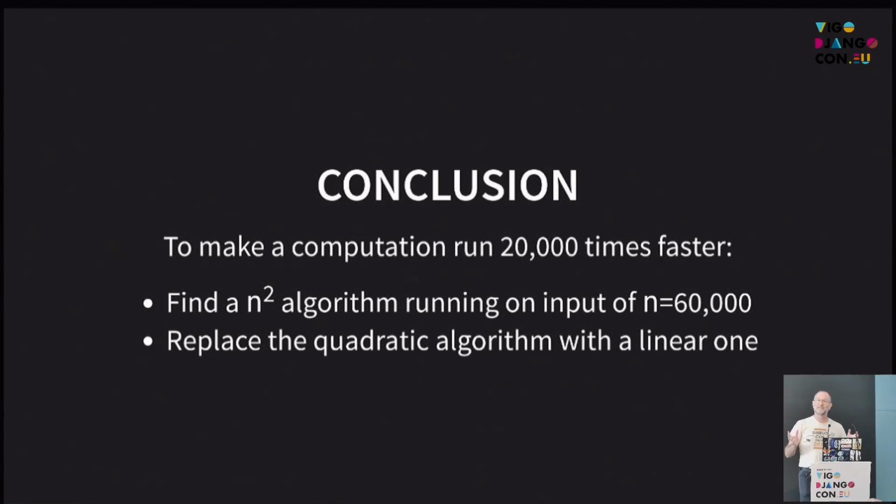So, to make a computation run 20,000 times faster, just find an n-squared algorithm running on large enough input and replace that algorithm by a linear one.